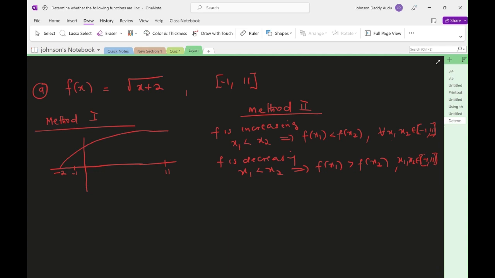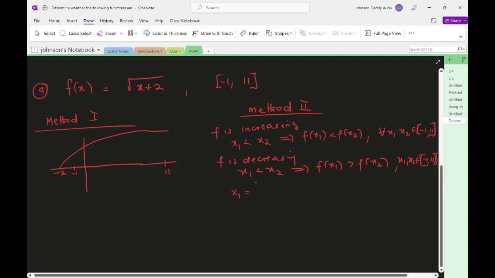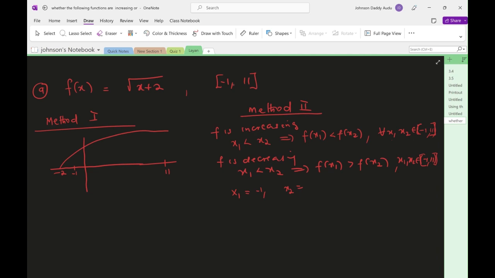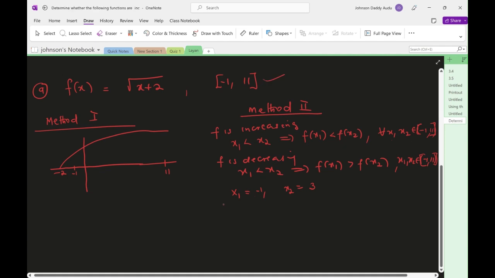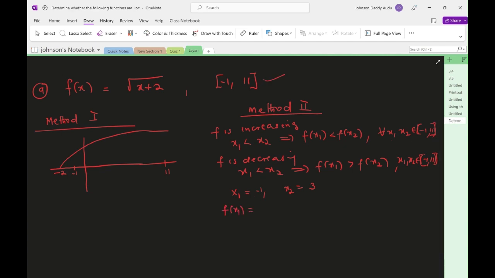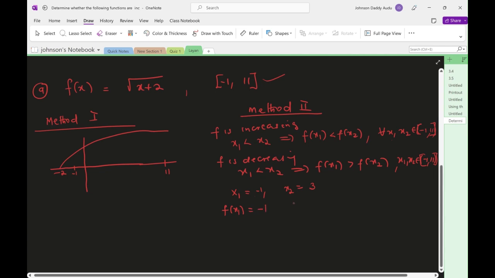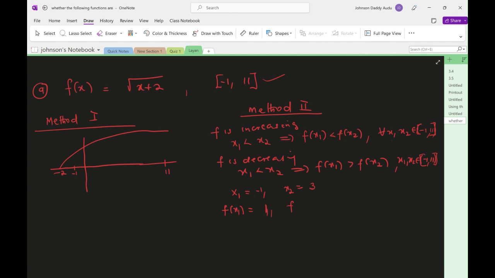All right, if we want to use the definition here, this is a nice function. We know x1, you can take x1 to be -1, and you can take x2 to be any number in this interval. You can take x2 to be even 3, because both -1 and 3 are in this interval. What is f of x1? Just put -1 into this function, you have 1.